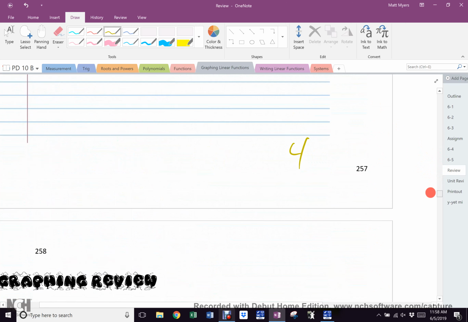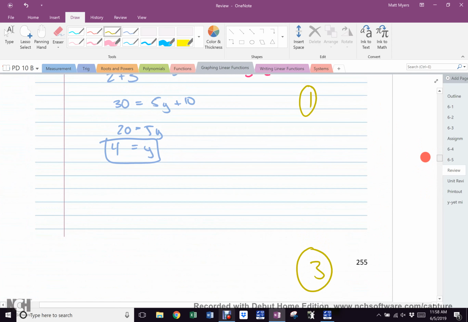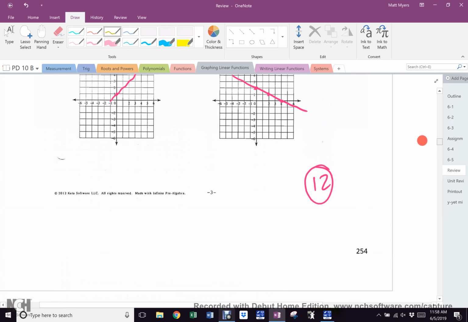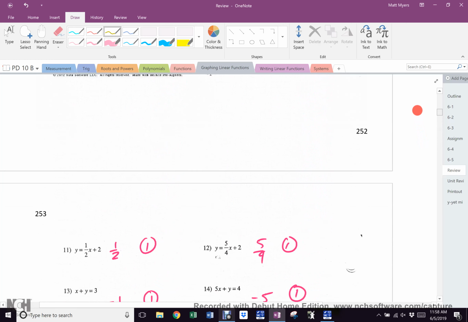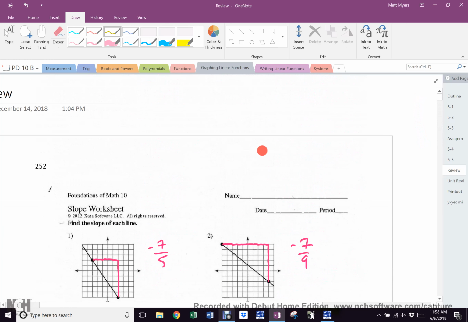So 4, 8 is 12. Page 255 is worth 3. That's 15. Page 254 is worth 12. That's 27. Page 253 is worth 12. That's 39. And page 252 is 10. So it's out of 49 by my count.